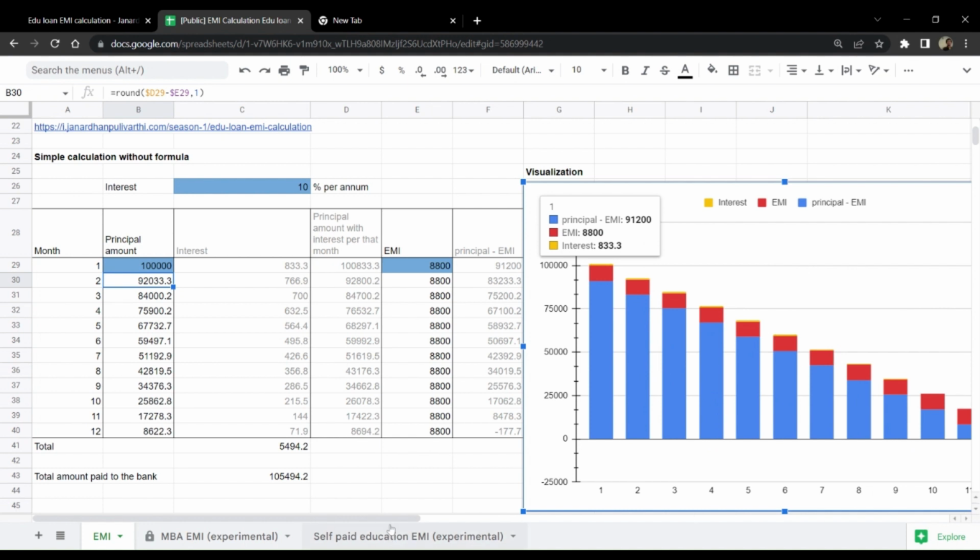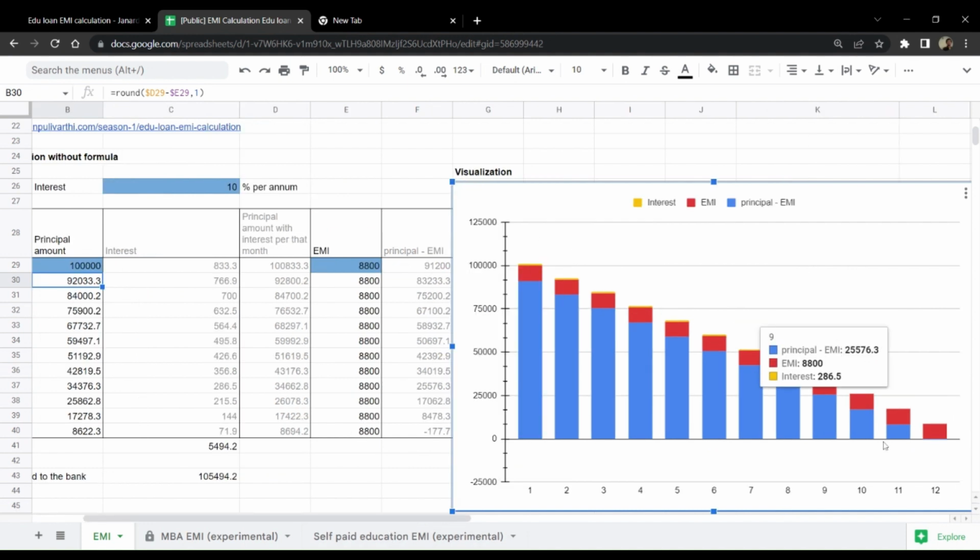By around the 11th month, we have completely paid off the interest and the money.